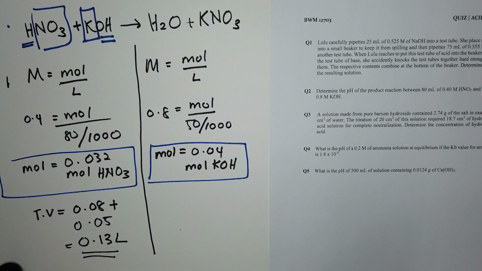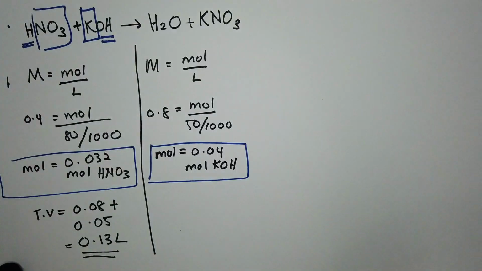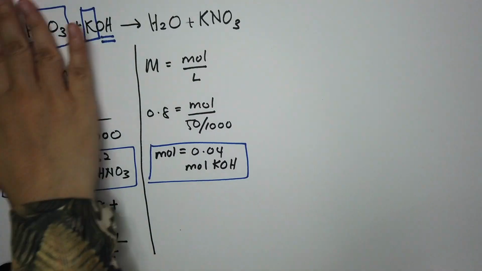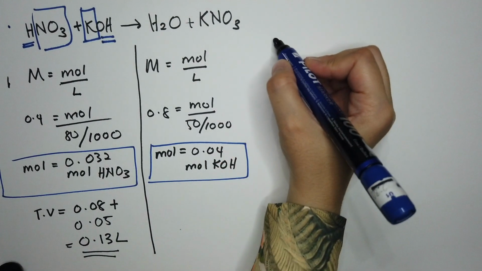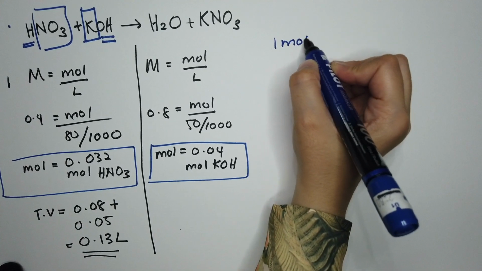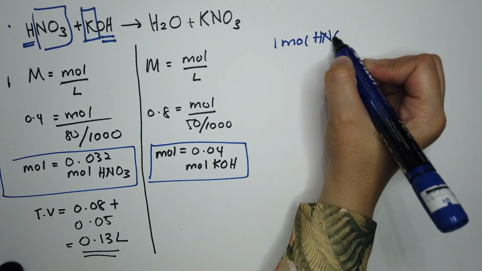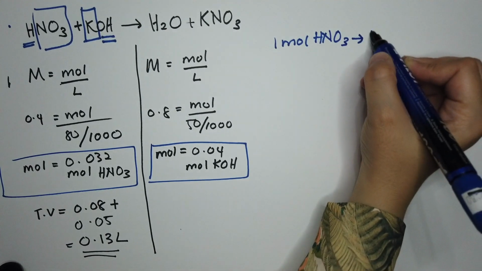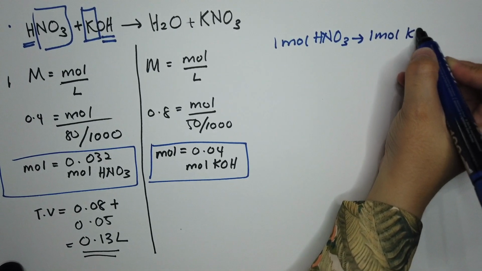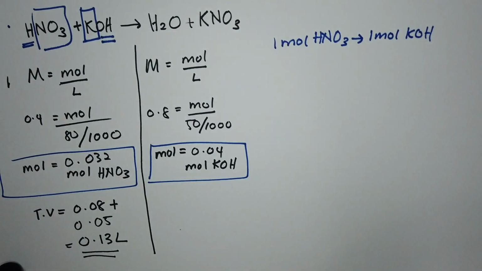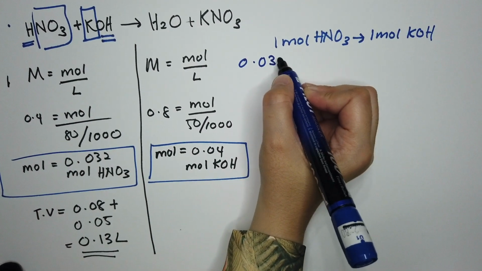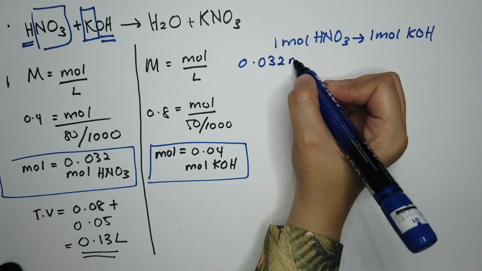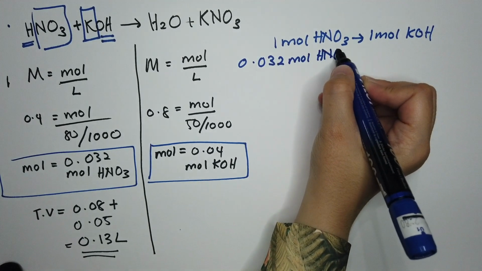Right. So same drill. If you look at this reaction, 1 mole of HNO3 will react with 1 mole of KOH. So now you have 0.032 mole of HNO3.